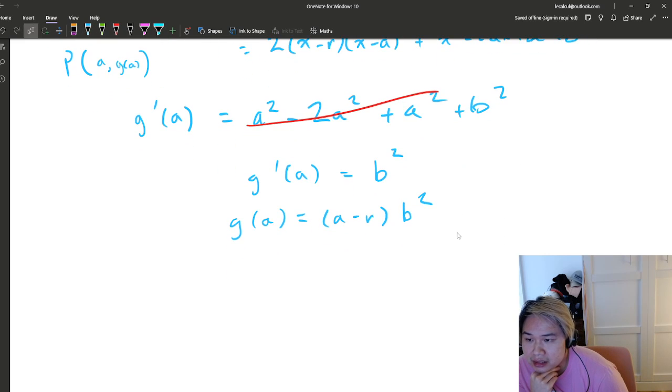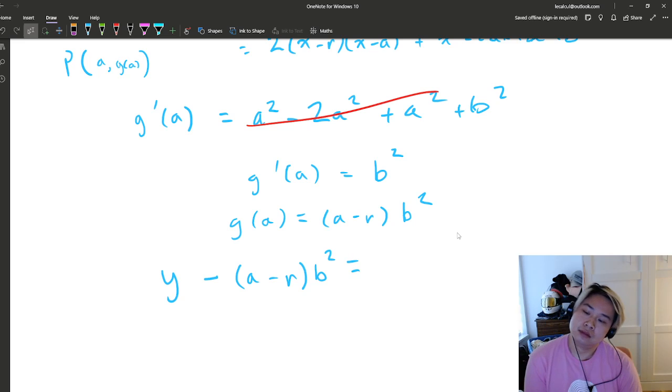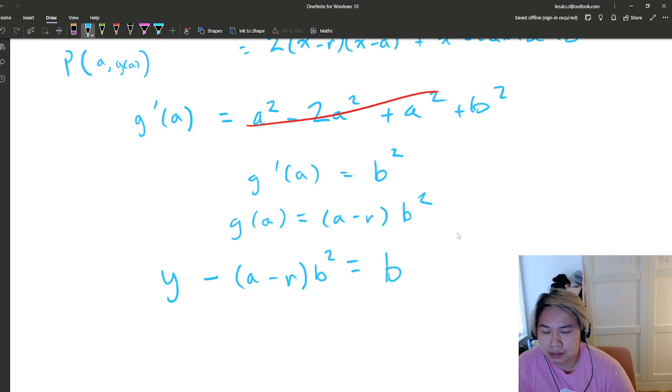Okay, so the equation of the tangent line is going to be y minus all of this stuff, which is the y value, B squared times X minus A.